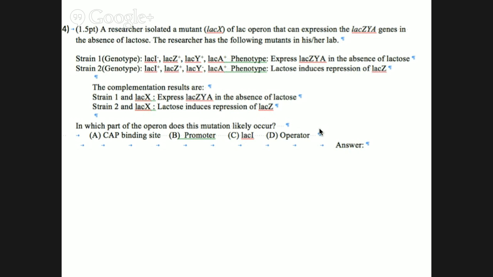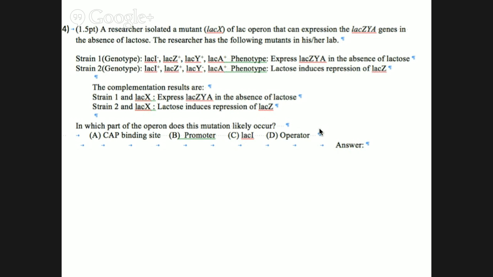The lactose operon is always shut off. That's C for catabolite repression, and P is promoter. But if the promoter is wrong, the gene won't be expressed. So it can be expressed, so it can be the promoter.